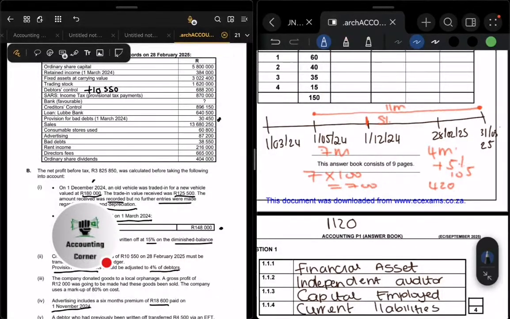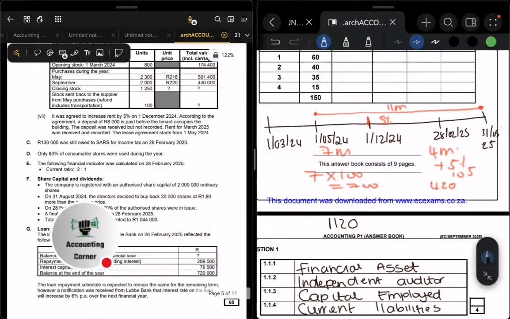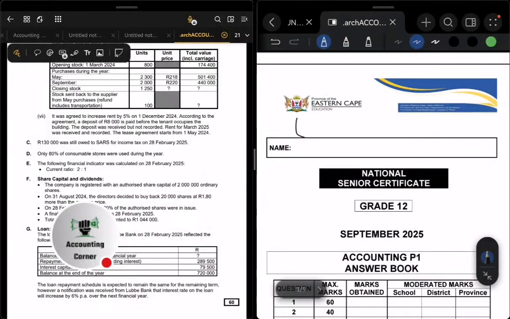Okay, let's go back to the question. Say the rent income is 216,000, and then we had the deposit of 8,000. So that would be 216,000 plus 8,000. Then the rent for March has the 105%. So we multiply by 105 divided by 1,120. And that'll give us the rent amount.